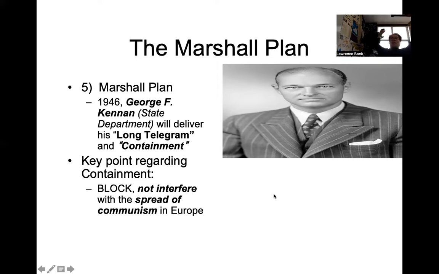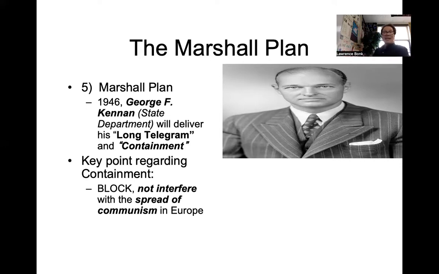All right, let's continue on. So what's the key point regarding George F. Kennan? I keep saying Kennan, it's Kennan. George F. Kennan basically said that the key to stopping Soviet-style communism was to block it and prevent it from spreading throughout Europe.